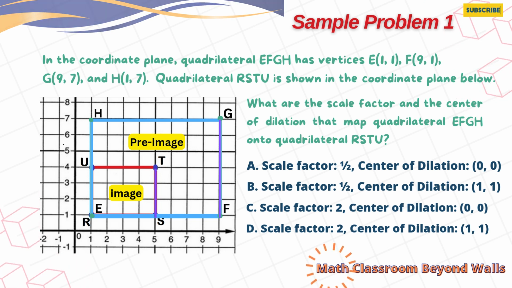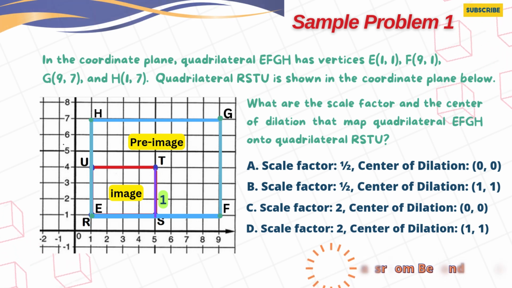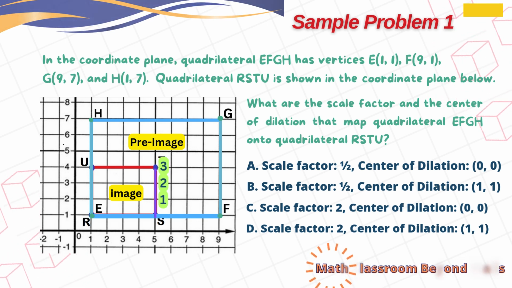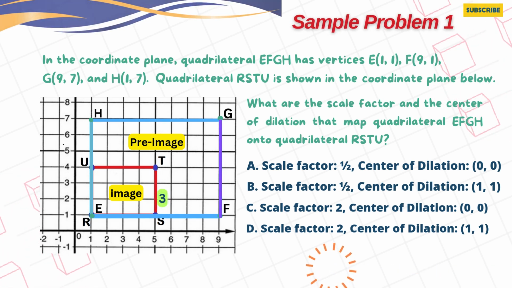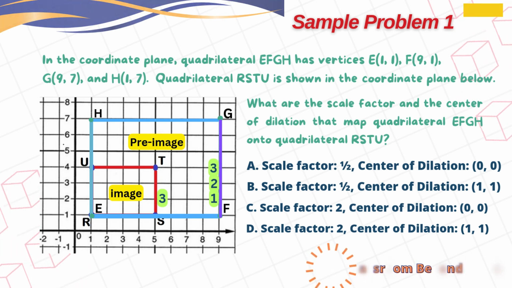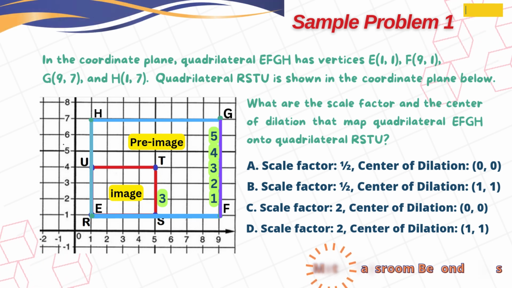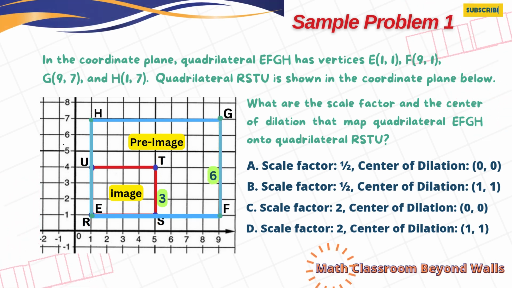Let's go. For side ST, we count 1, 2, 3. Side ST is 3 units. For side FG, we count 1, 2, 3, 4, 5, 6. Side FG is 6 units.